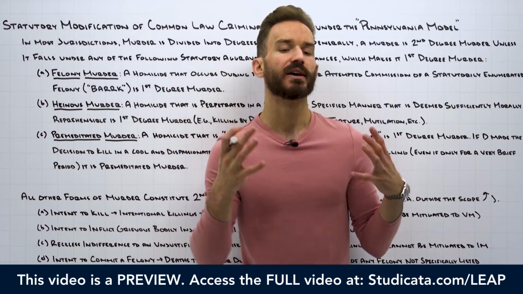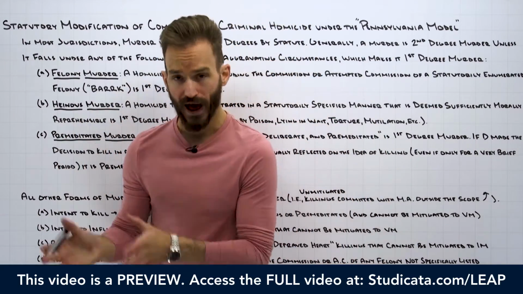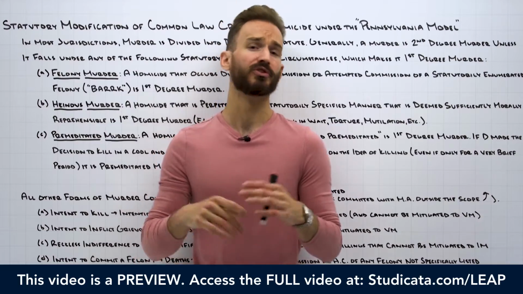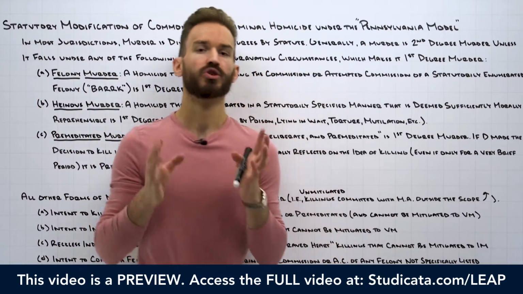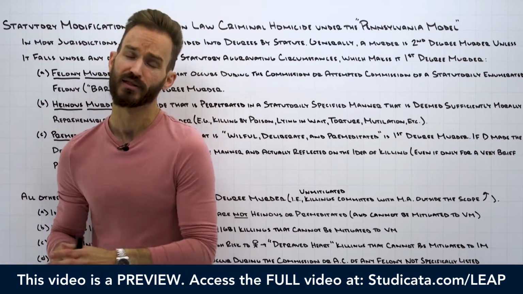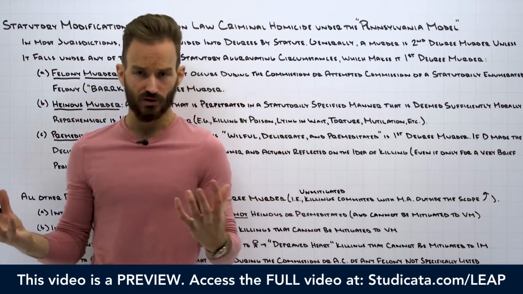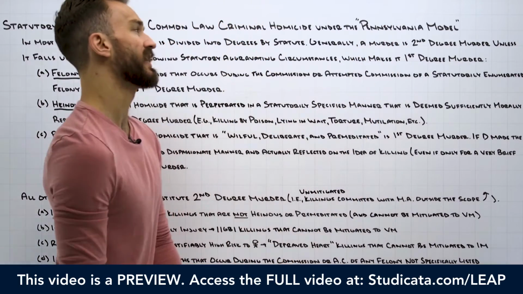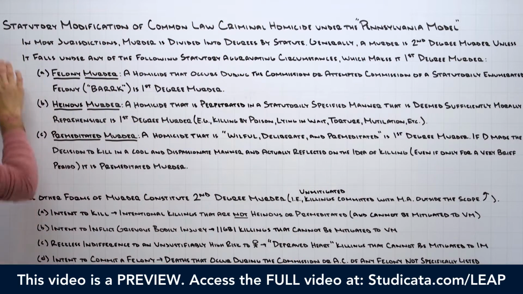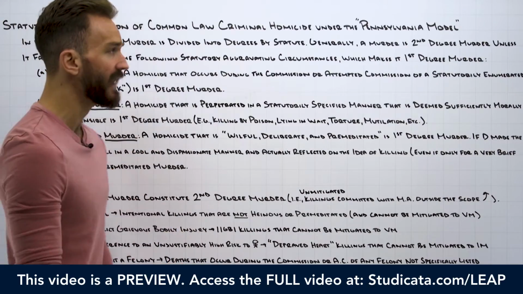If you see a statute telling you that state A or state B, whatever state you're in, has first degree murder and second degree murder, that is a formulation of the Pennsylvania model, which the vast majority of jurisdictions today follow.